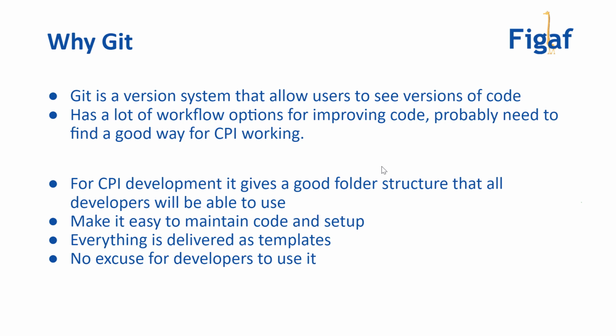The reason also is that we can give a lot of pre-delivered content packages, which makes it a lot easier for you to deploy iFlows and handle them. The idea is also to make it as simple as possible, so you do not need to do any configuration at all. You can just take this Git repository and start using it.